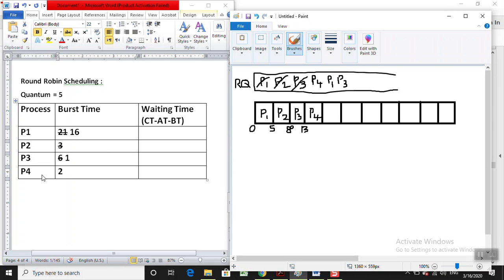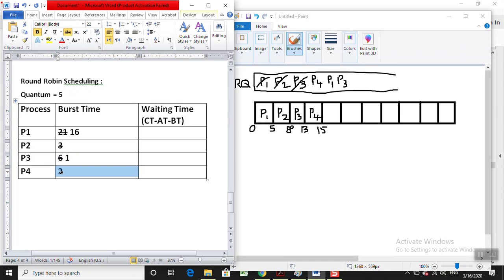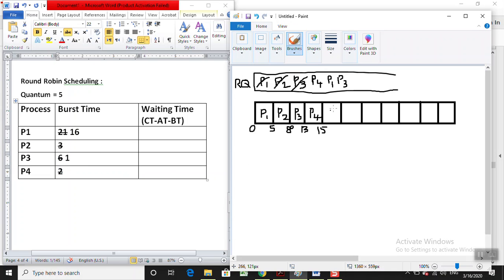It will be 2 seconds only, because the total burst time is only 2 seconds, so it will be 13 plus 2, 15 seconds. You see, P4 has done its job and finished the execution, so P4 will be removed from the queue.